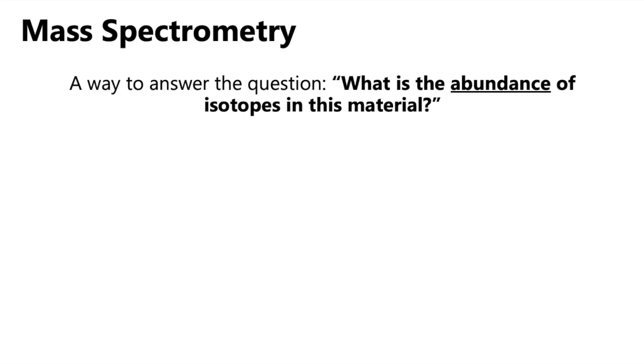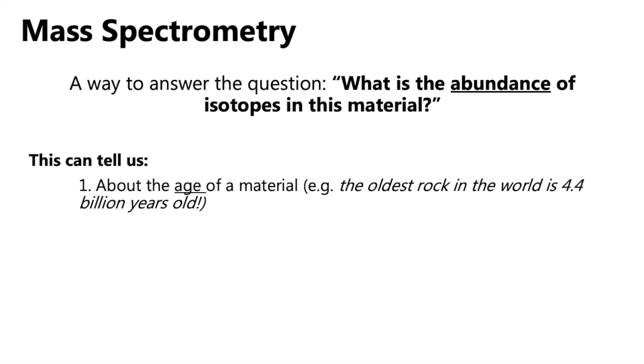So, really, this technique is a way to answer the question, what is the abundance of isotopes in a specific material? And you might be wondering, why would we even ask that question in the first place? Well, answers to this question include telling us about the age of certain materials. For example, how old is the oldest rock on Earth?